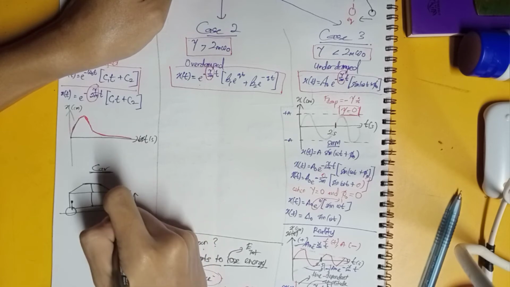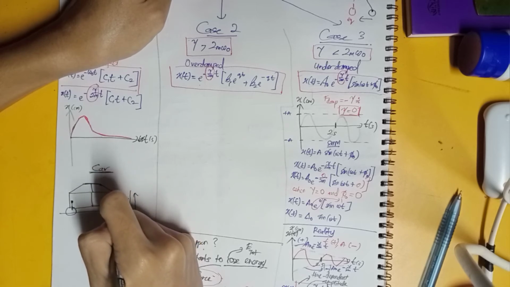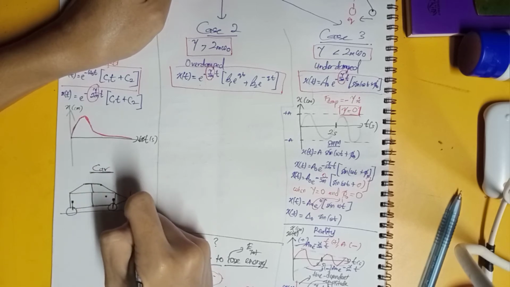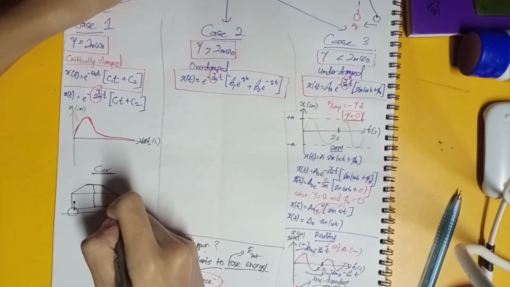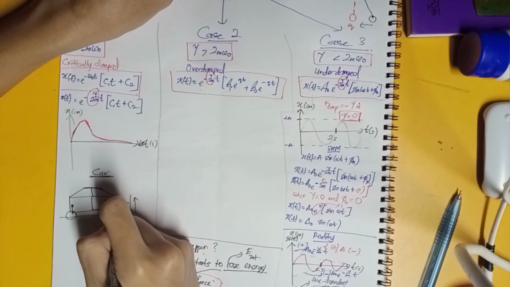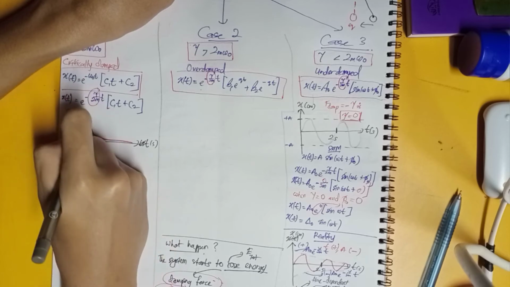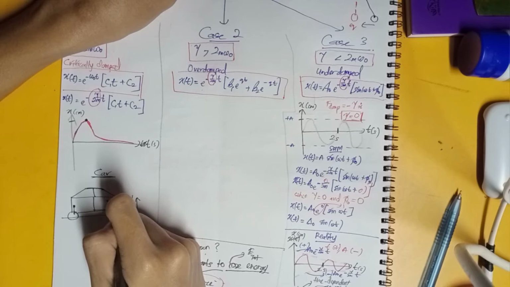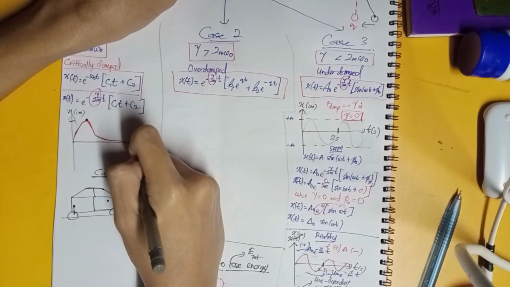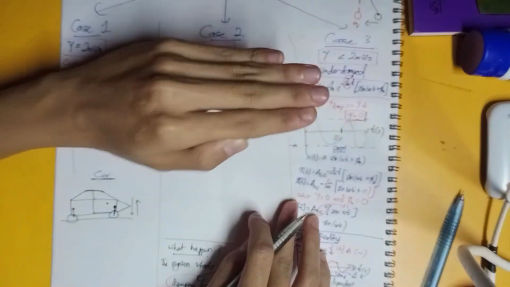So it's pressed down, then starts to go up. This is where we call it critically damped. The spring goes back up to the maximum amplitude here, and then recovers to the equilibrium position.